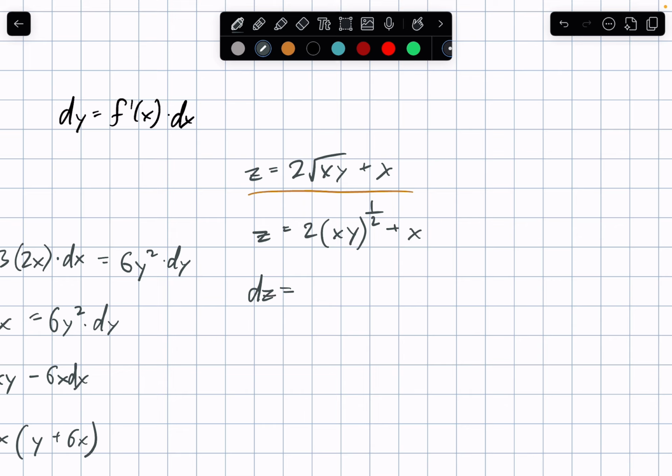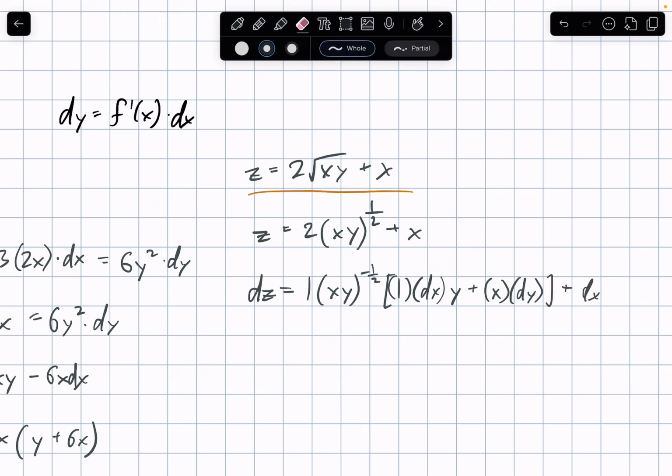And then we start finding the derivative. 2 times 1/2 is 1. Product rule. 1 times dx times y plus x times dy. Yeah, that's it. And then plus dx.